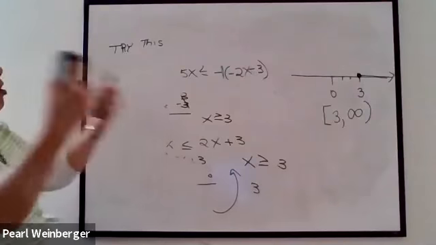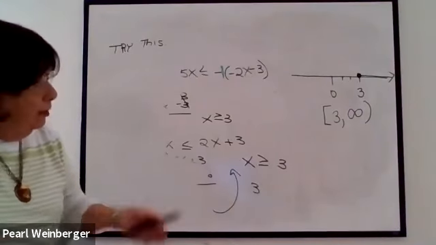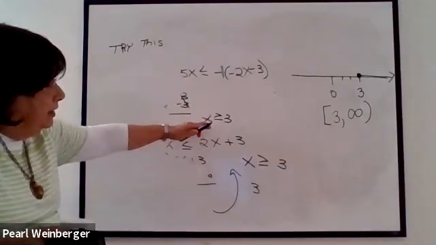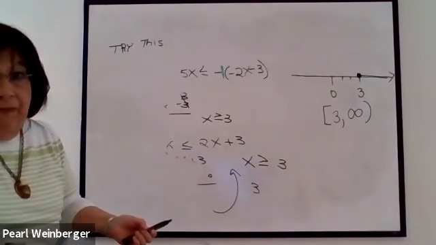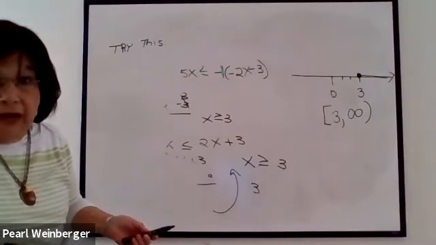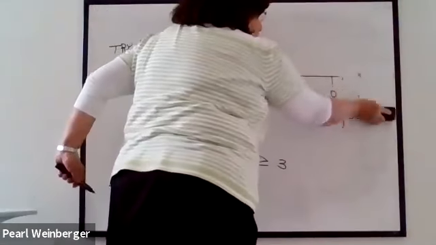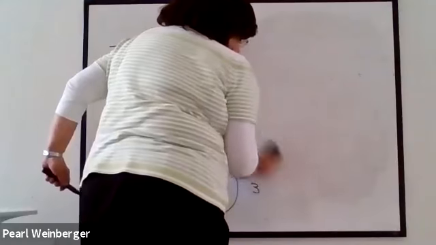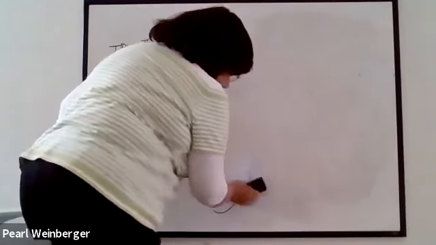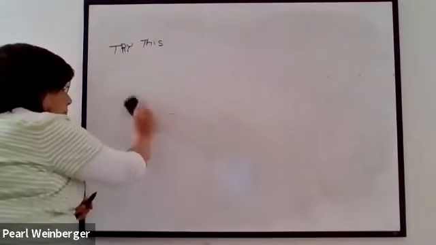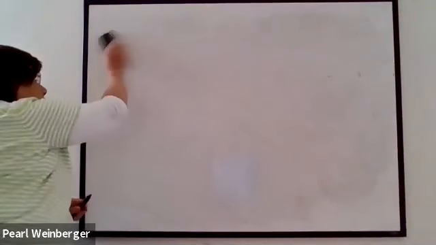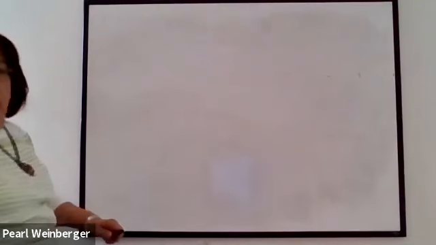You do all the hard work correctly, because that was the hard work, and it was just then making sure that you understand what your answer means. Okay, so here's the next problem that we're doing.